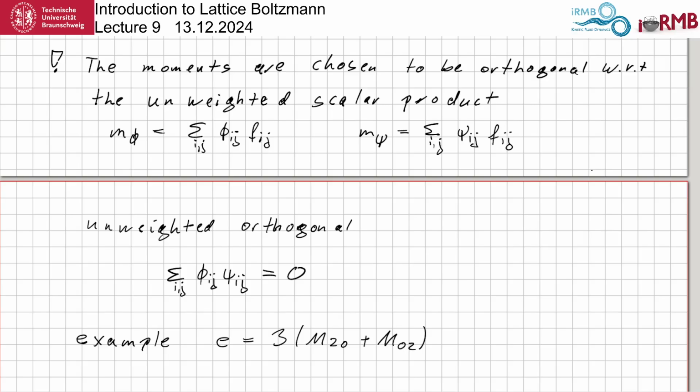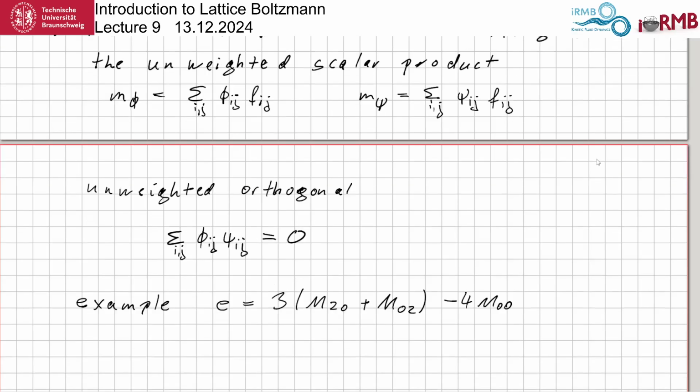Remember, the countable moments are not orthogonal to each other; they are not made orthogonal. So you can write these things as the sum over ij going from -1 to 1 of fij.